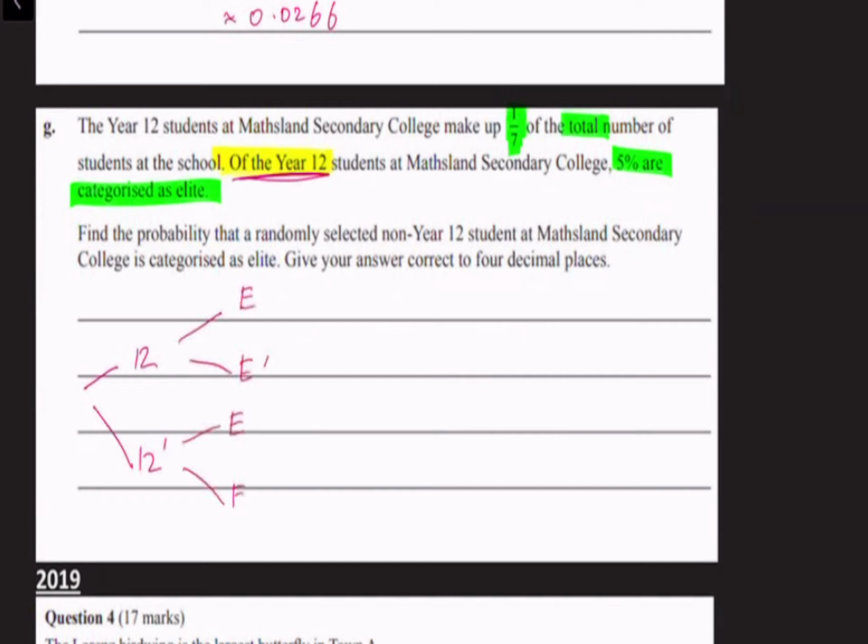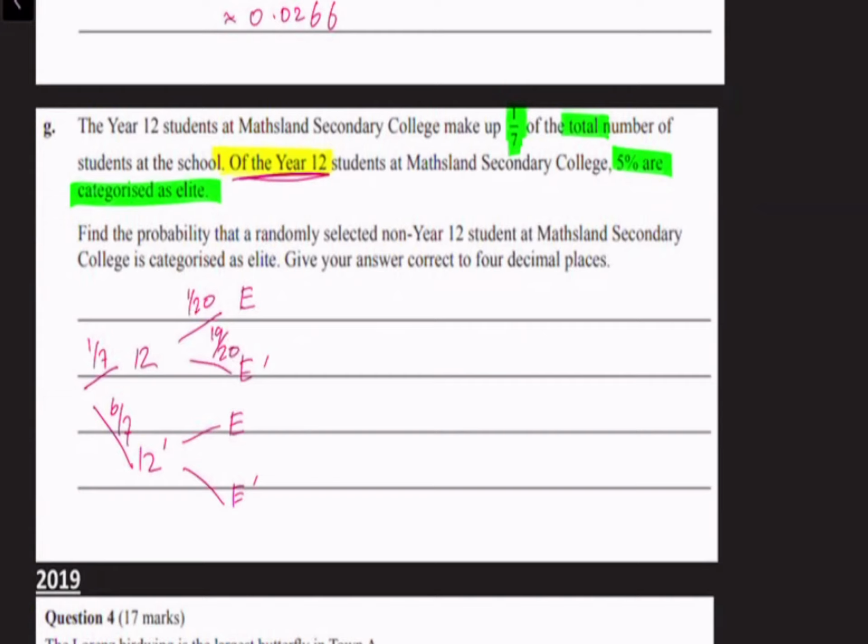Year 12 students make up a seventh of the score. So the probability that someone's in year 12 is 1/7, and the probability they're not year 12 is 6/7. Of the year 12 students, 0.5 are elite, so elite is 1 on 20, and not elite is 19 on 20.